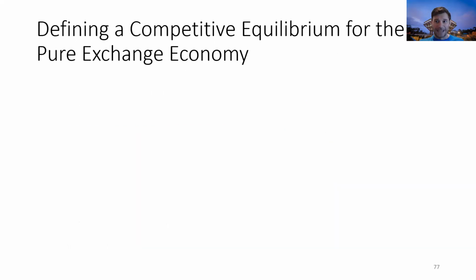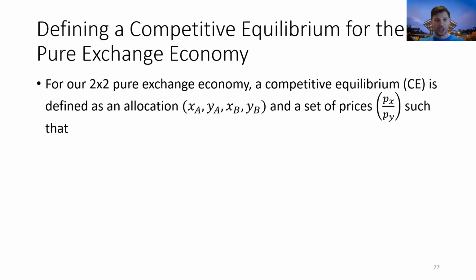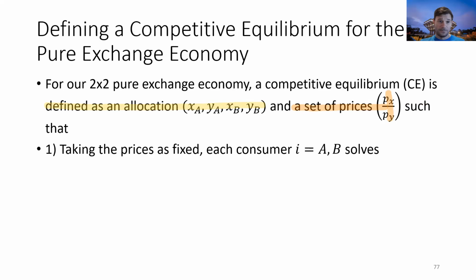Okay, so the definition of the competitive equilibrium formally here for our 2x2 pure exchange economy: a competitive equilibrium has two parts to it. There is an allocation and a set of prices such that, taking the prices as fixed, each consumer is able to solve their utility maximization problem.